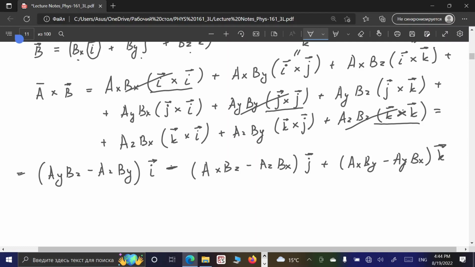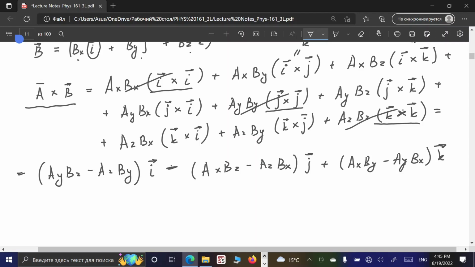So what did we get here? We see that we have a cross product of two vectors, a cross product b vector, and eventually we have a vector which is represented by three components, aligned along axes x, y, and z, and these are the magnitudes.